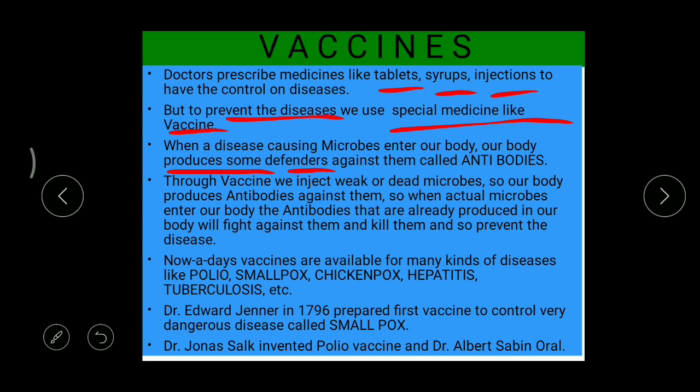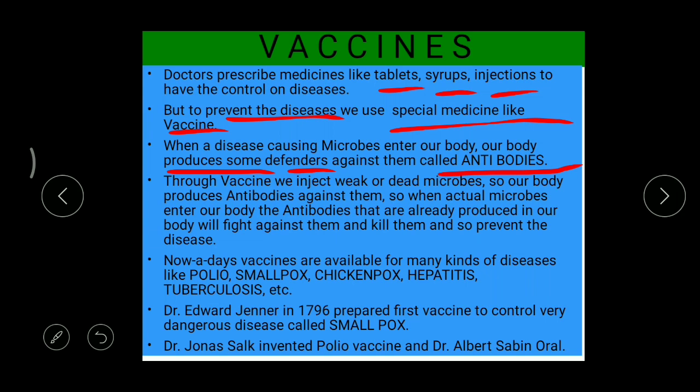They produce some special proteins, and these proteins are called antibodies. Actually, in the microorganisms, we can find protein bodies called antigens, and against antigens, our body will produce antibodies.